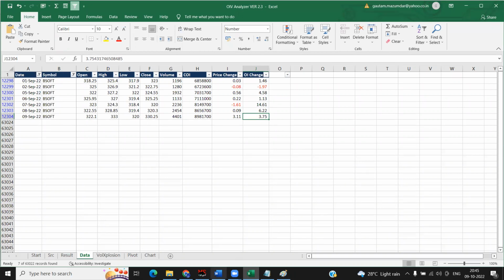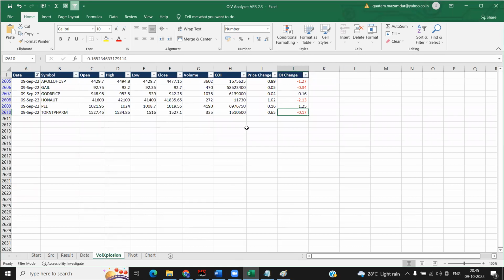Next question. Now I'll come to the other one, Vinit, just for you. You go to wall explosion. Here, only those stocks will come up whose volume is very low and price change is also not much. But from there, you have to pick up a stock where open interest has increased.